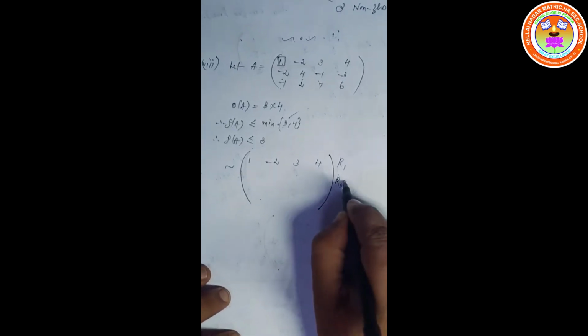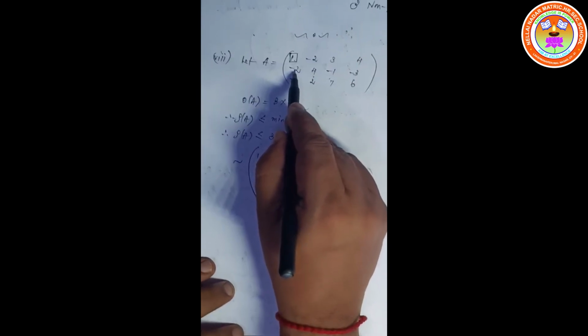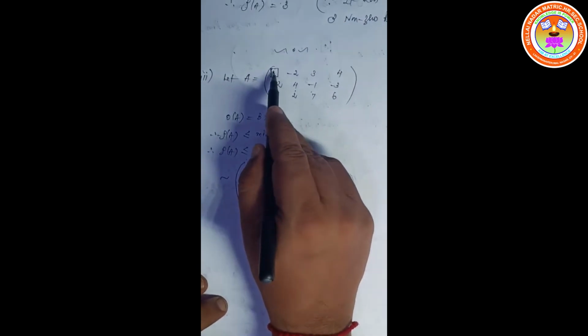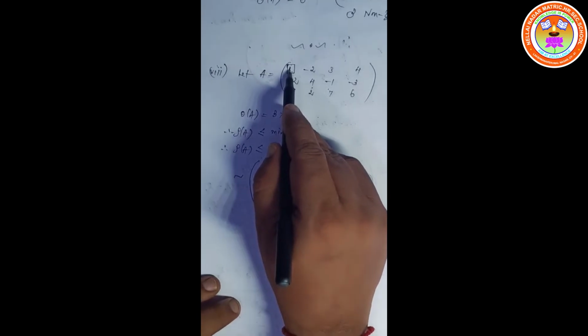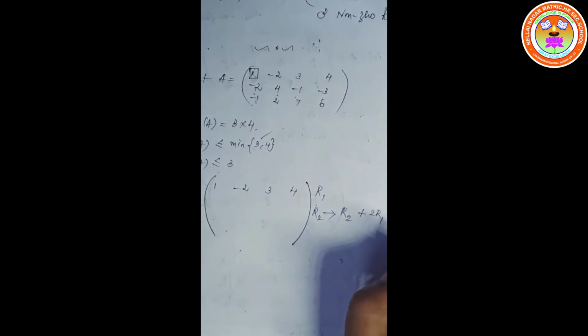Now R2: since we have minus 2, if it is plus 2, minus 2 plus 2 will give 0. For getting plus 2, 1 should be multiplied by 2. So R2 plus 2R1.